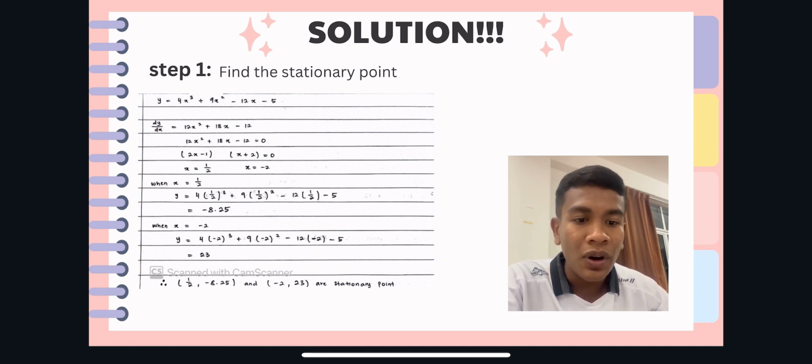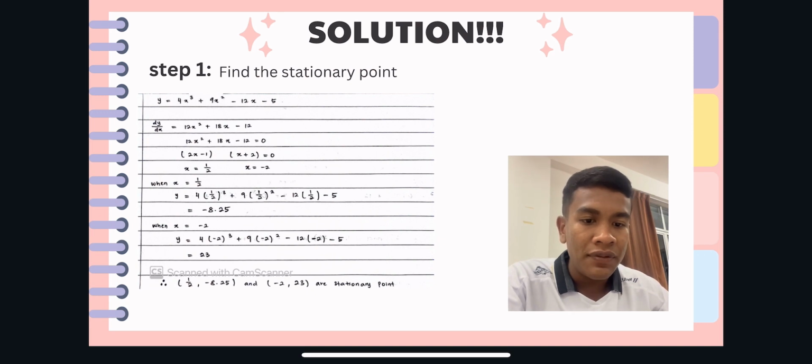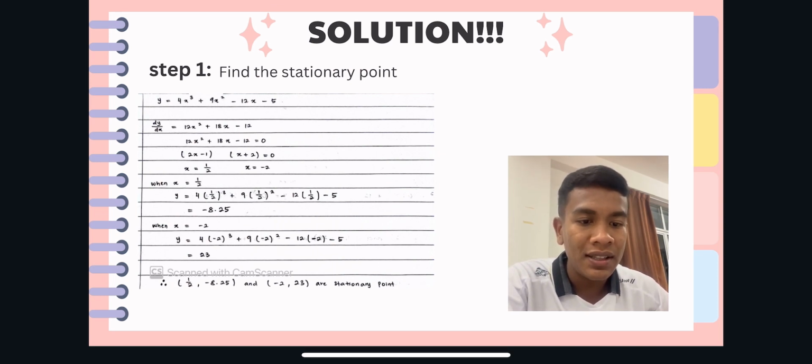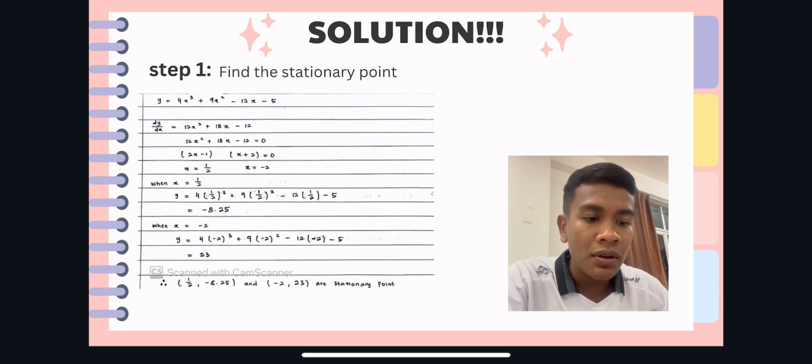We differentiate the equation, so we get dy/dx equals 12x squared plus 18x minus 12. After that we factorize it, setting 12x squared plus 18x minus 12 equal to 0. So we get x equals 1/2 and x equals negative 2.